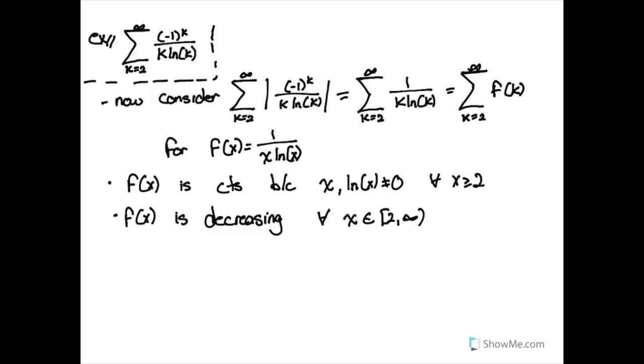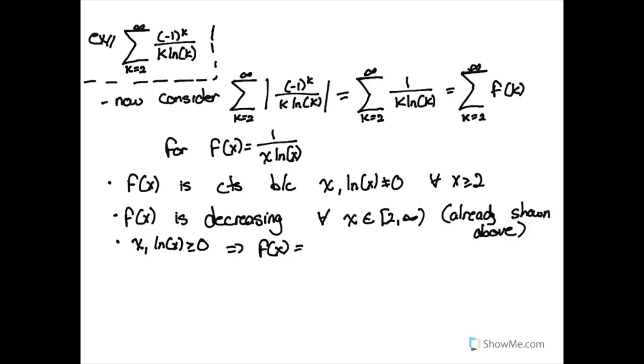And finally, this is already shown above, or previously on the previous slide. And finally, I need to check that this function is positive. And that's also apparent just by looking at the function, because x and ln x are positive, greater than or equal to 0, which implies that if you put them in the denominator, they'll be positive.